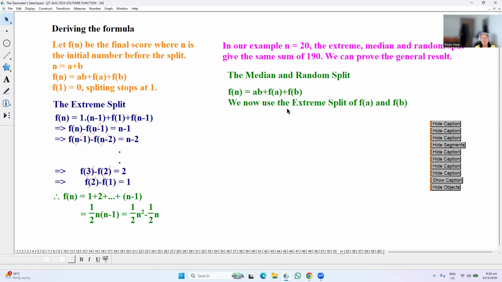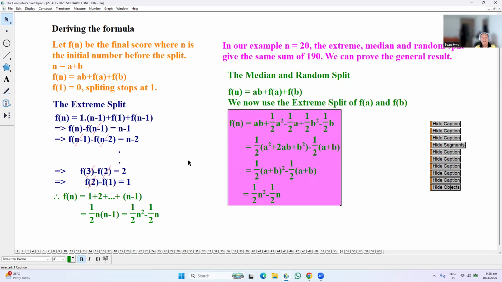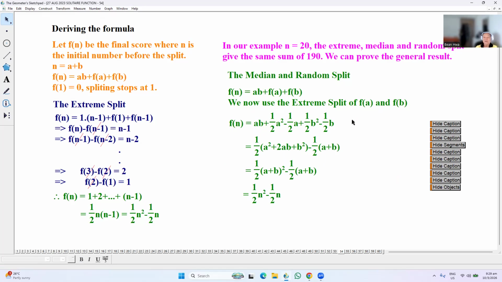After getting this result, we use the extreme split result for Fa and Fb. From the extreme split, we get Fn is A times B, and then Fa will be half A squared minus half A, and then Fb will be half B squared minus half B. And we bring in AB, so because of the half, it is 2AB.